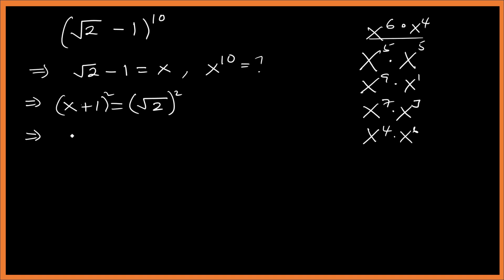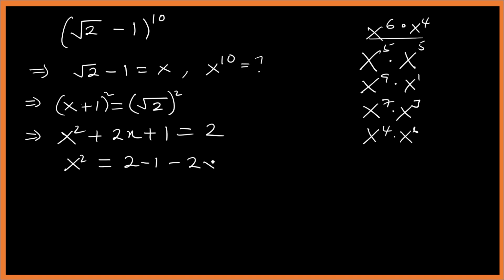So we have x squared plus 2x plus 1 equals 2. Okay, so let's find x squared here. So we have 2 minus 1 minus 2x. So x squared will be 1 minus 2x. So let's keep this.